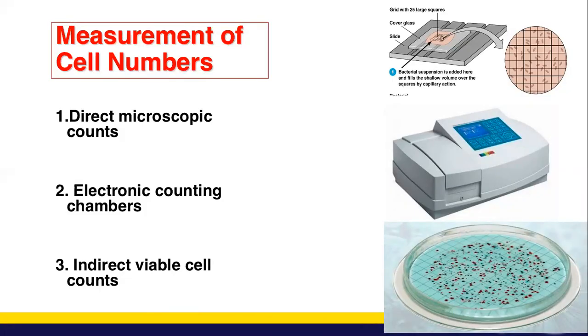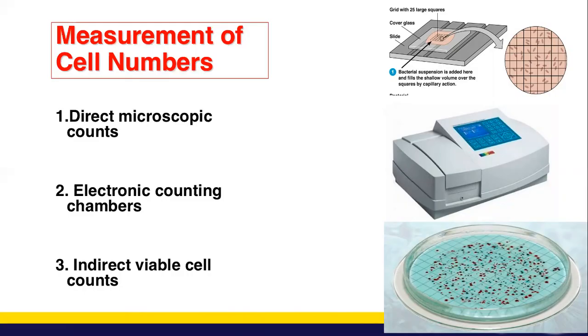additional information. Okay, so for enumeration, there are some techniques and instruments that are needed to perform enumeration, or counting of microbial organisms on the culture media. So this would include direct microscopic counts. Okay?